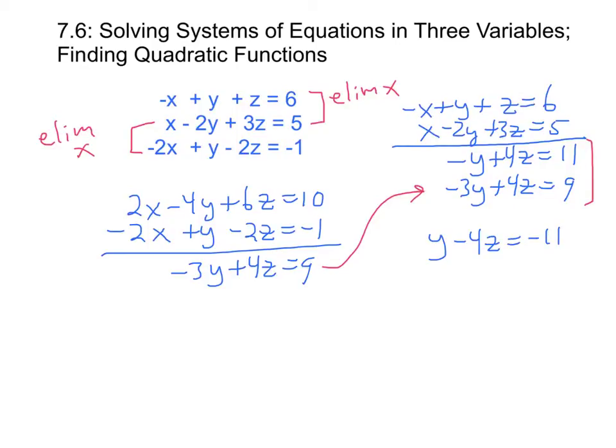And then we'll add that to the other equation. And that'll make the z's cancel out, and we'll get negative 2y equals negative 2. And now we can just divide both sides by negative 2, and we'll get y equals 1.